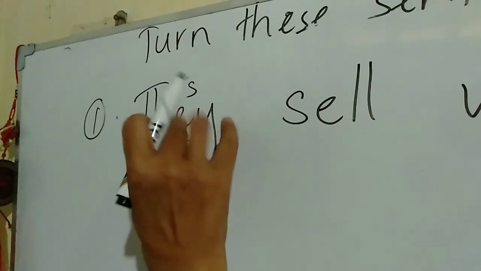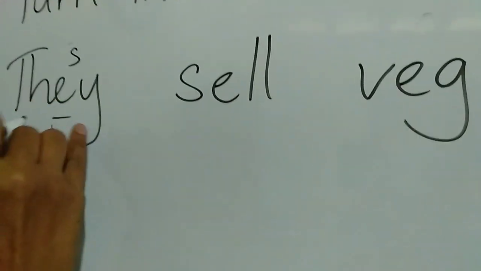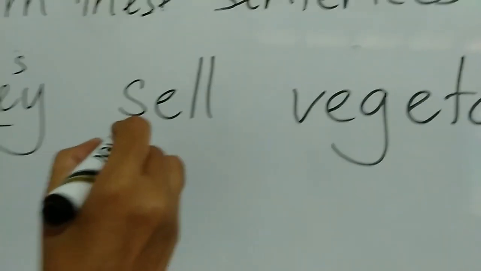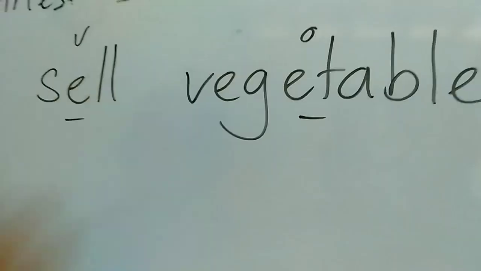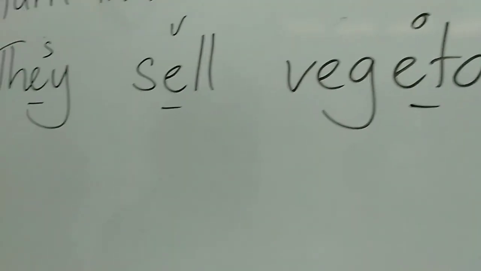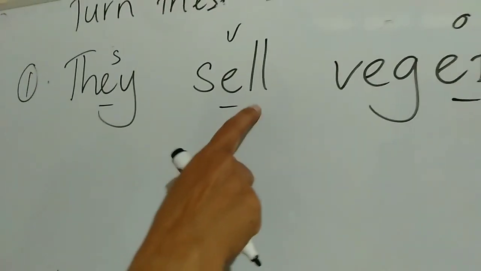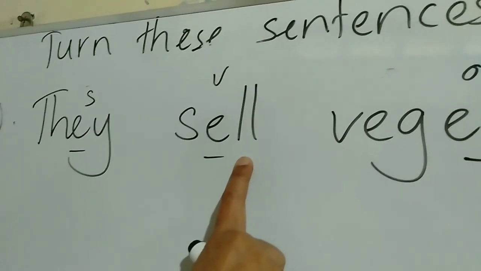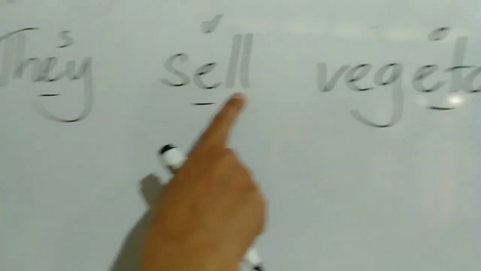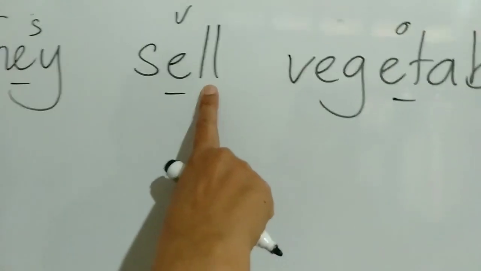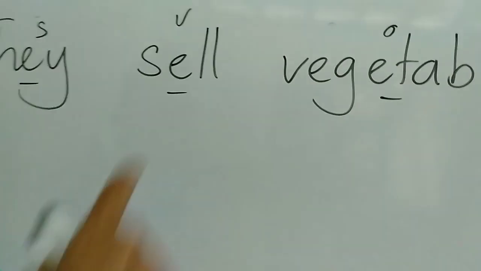No need to write like this, but you must judge subject, verb, object. And then you look at the verb and understand what the tense is. They sell, then you can understand this is simple present tense.